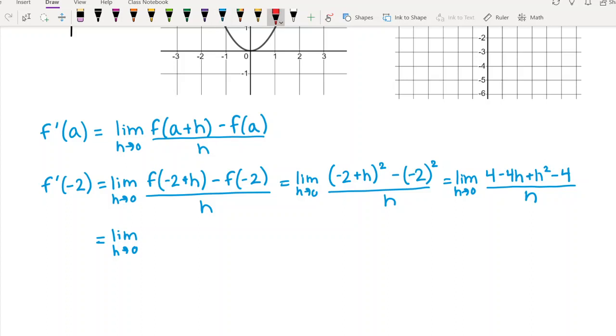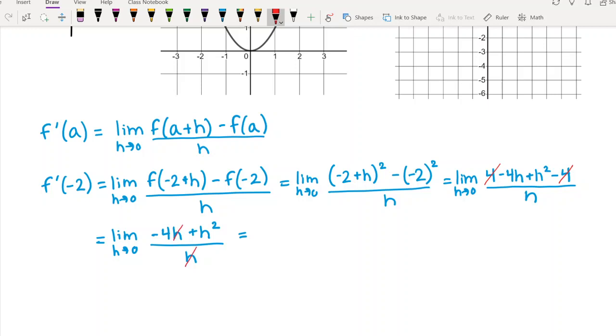Specifically, we have a 4 and a -4, and so we're left with just -4h plus h squared divided by h. The nice thing about that 4 canceling out is that now everything has an h in it, so we can divide everything by h.